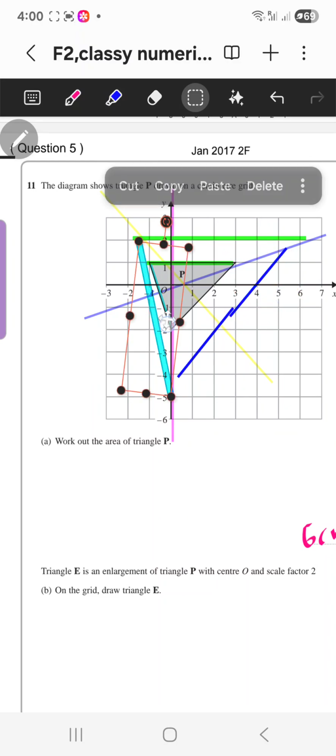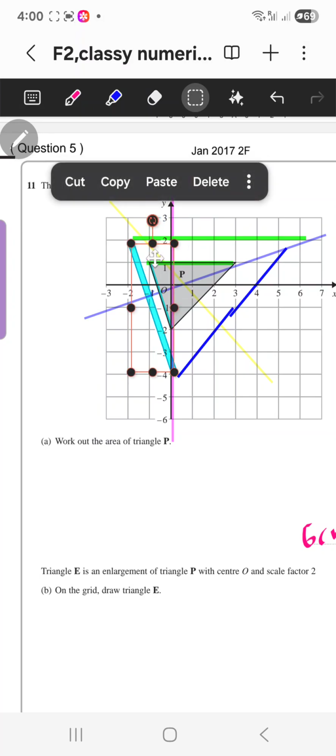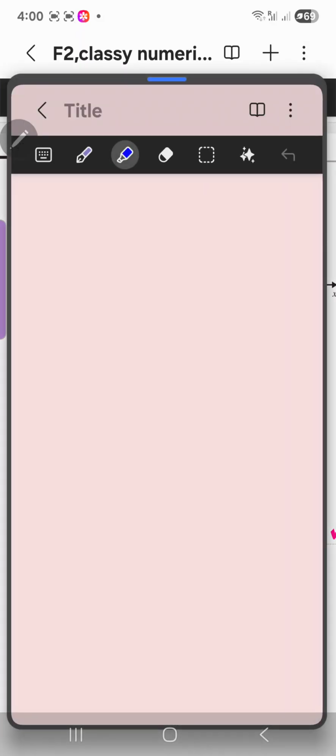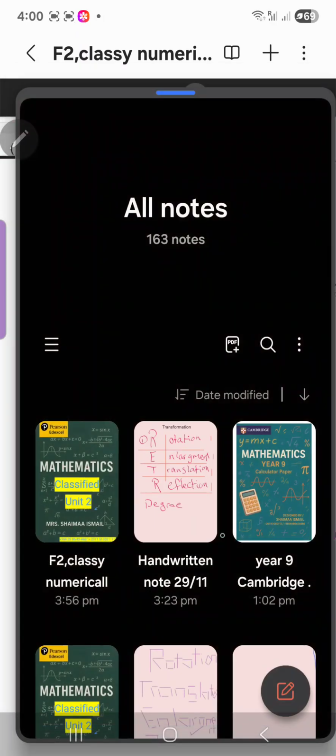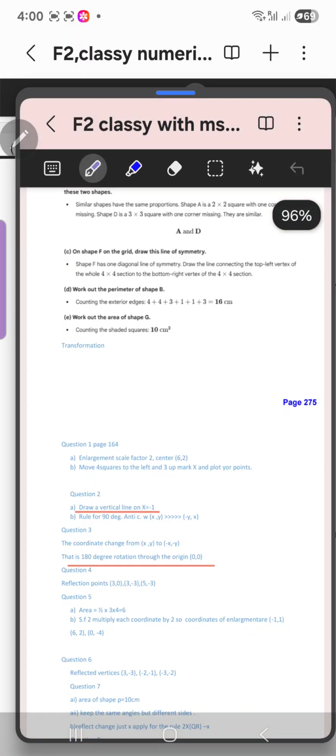Okay, and after we finish, we can check our answers here. You can see the answers, the MS here, and this is question number 4.